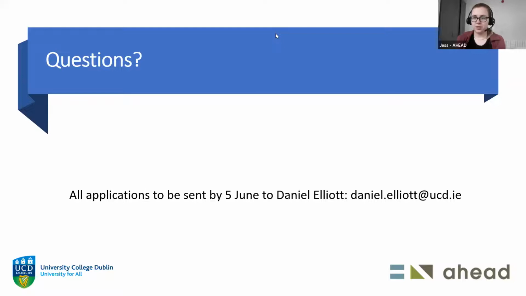Daniel, we have a few questions in the Q&A box. The first one is, can what we put in our applications remain private if we are shortlisted, or will the final disclose those? For example, if we're disclosing a disability, if that's relevant?